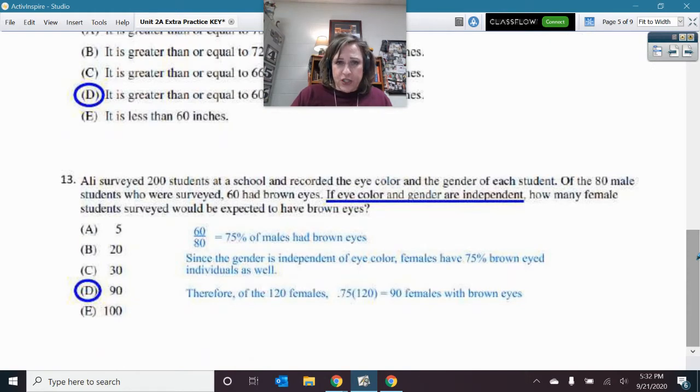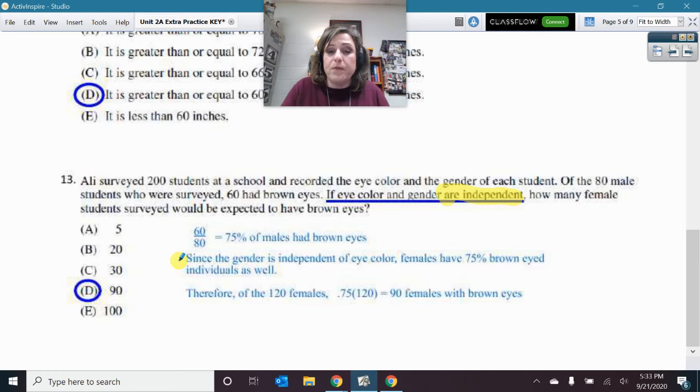All right, so this is interesting. They're not asking you if gender and eye color are independent. They're telling you, hey, we had this data and they are independent. So what that is telling you is that since the gender is independent of eye color in this experiment, or in this data set, they're telling you it is, okay?